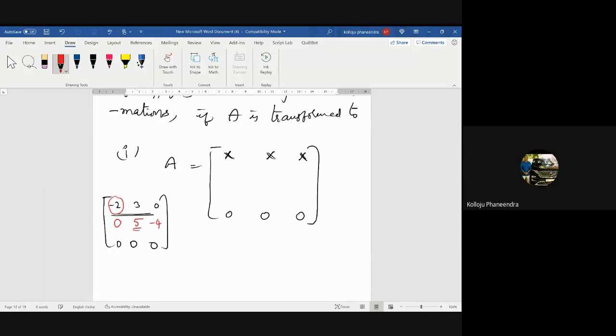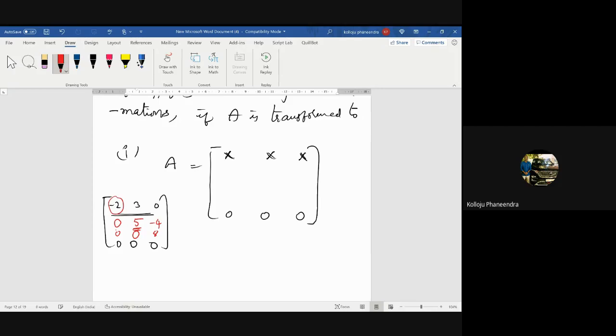Before it, how many zeros? 1 zero. Then in the next row, there must be at least 2 zeros. Therefore, 2 zeros, then some 8.